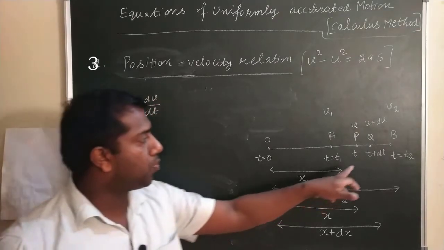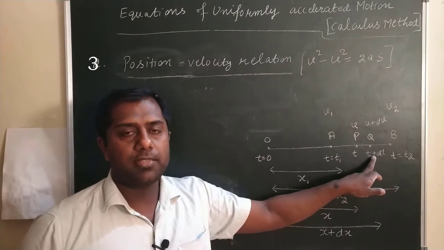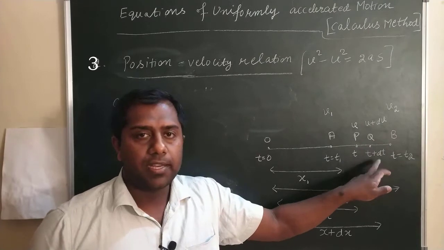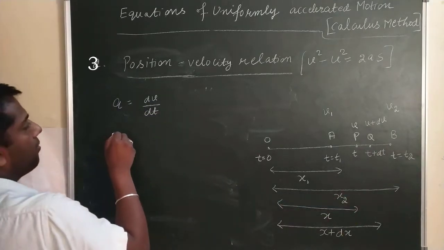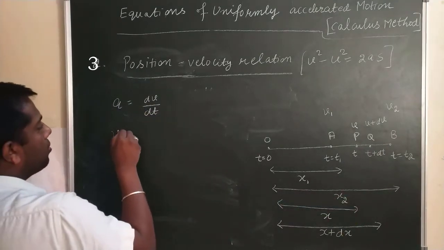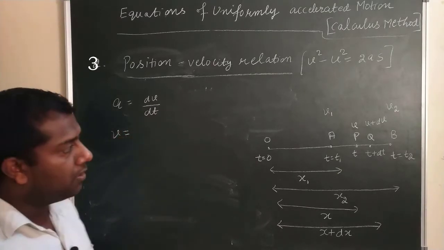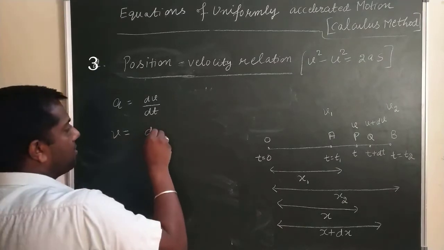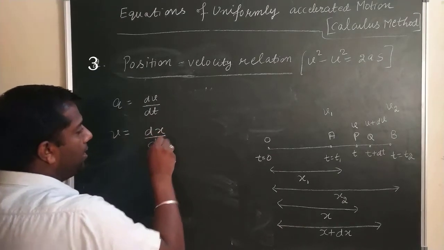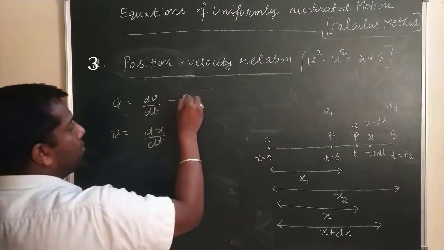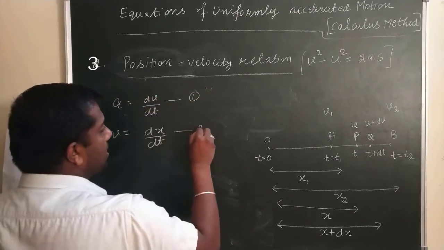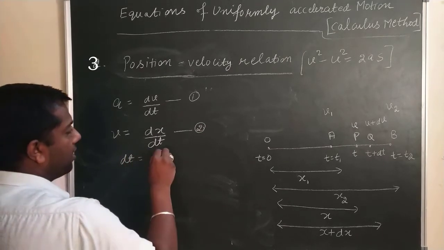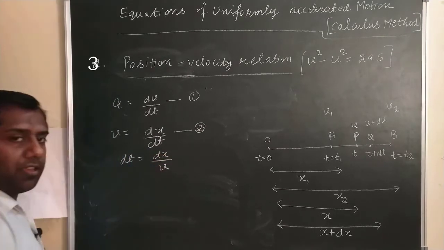Clear? Because from the point p to the point q, for this small element, the change in velocity is dv and the change in time is dt. So we can write it this way. Also, if we define the velocity for this small element pq, again as we have written in the last case, this is simply dx by dt. So suppose this is equation number 1 and this is equation number 2. So firstly we will find the value of dt, which is dx by v.